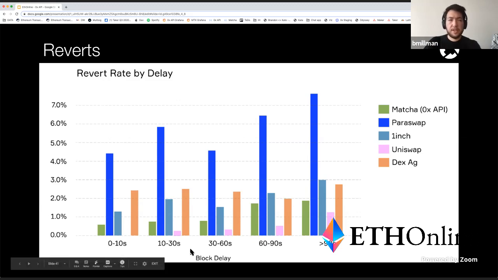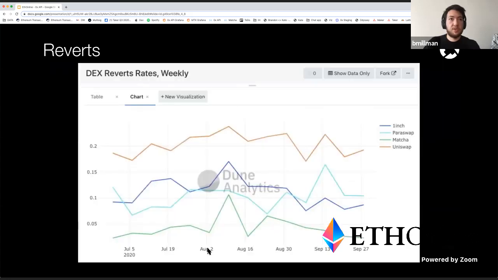So we've done a lot of work in gauging how that would play out, and have also shown that Matcha/0x API has a superior revert rate versus other competitors. And everything I've talked about so far has been simulations. We also do quite a bit of on-chain data tracking as well.